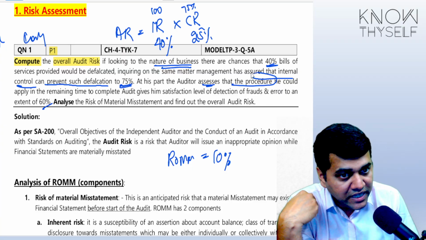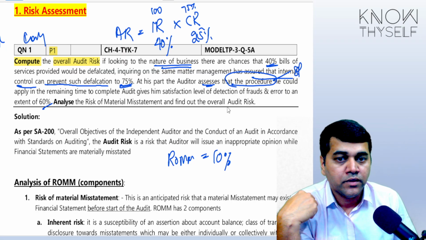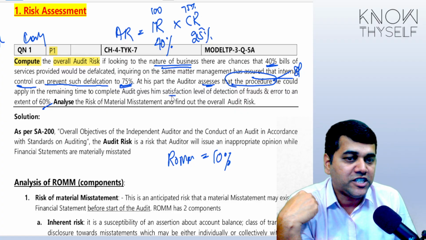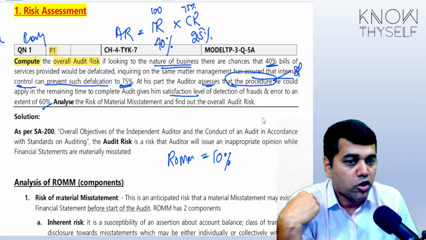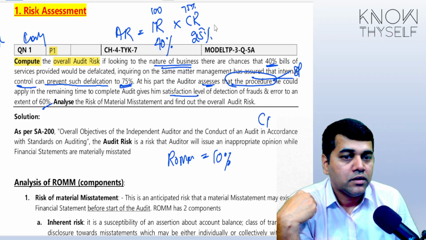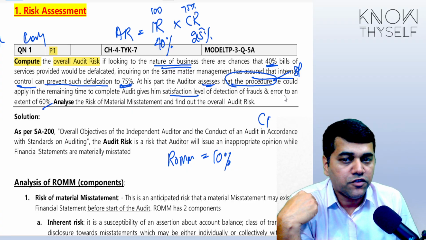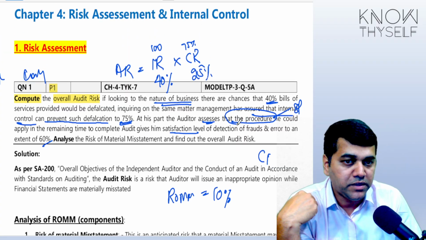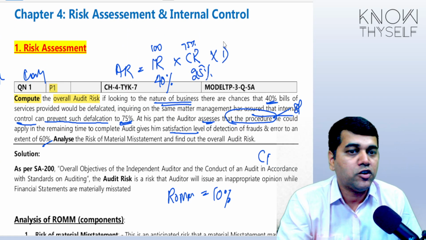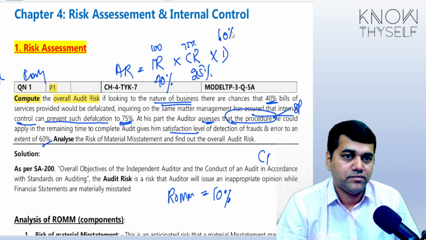What can he apply? Substantive procedures. This gives him a satisfaction level, a confidence level of detection of fraud and error to the extent of 60%. That means his detection confidence is 60%.